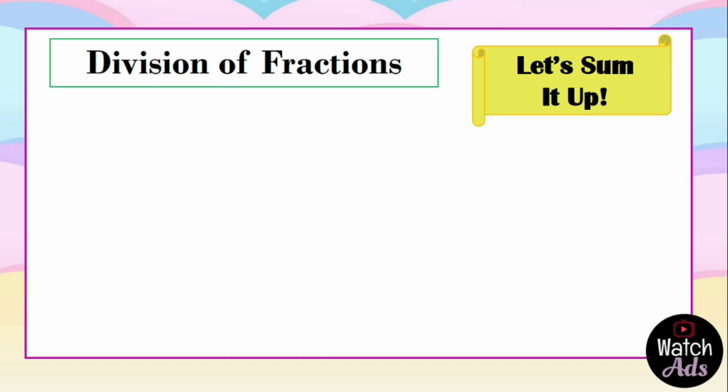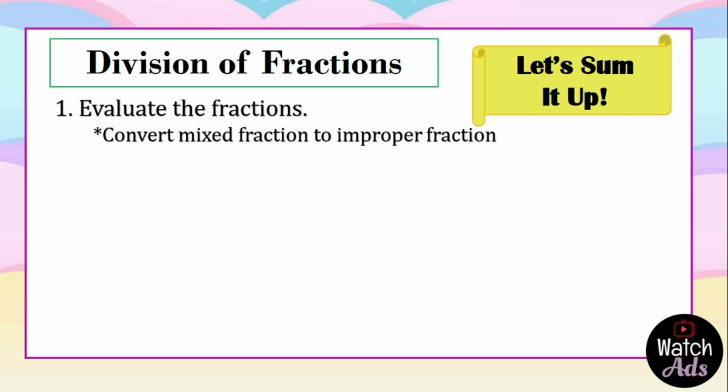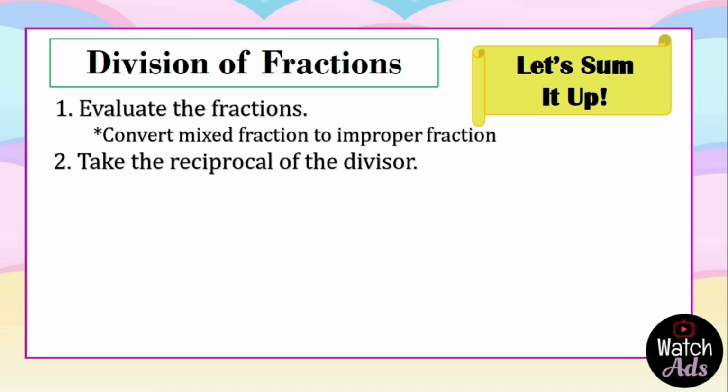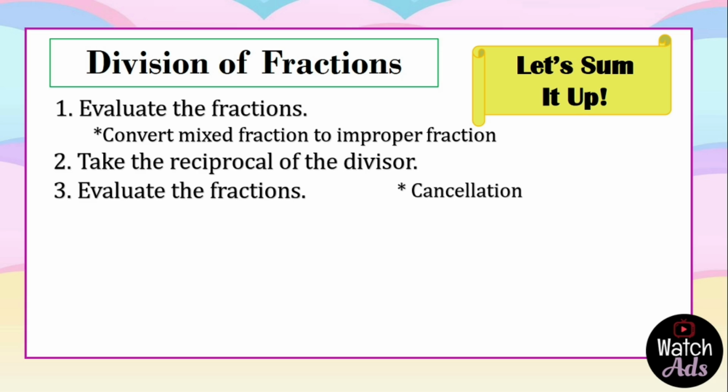Let's also sum up division of fractions. Our first step is to evaluate the fractions. Convert mixed fractions to improper fractions. Second, we take the reciprocal of the divisor. And then, of course, we change the division sign into a multiplication sign. Then third, we evaluate the fractions.